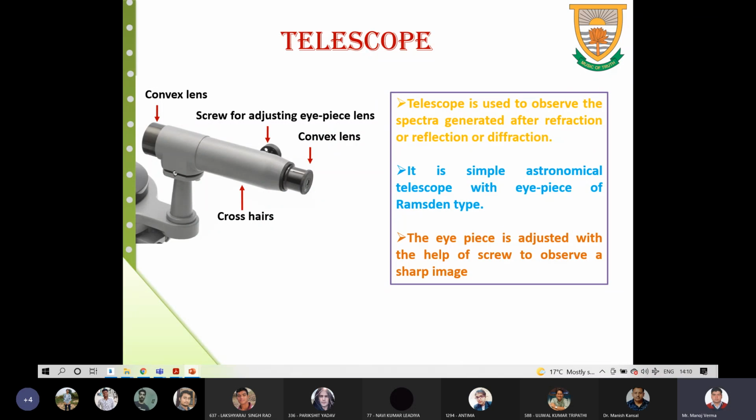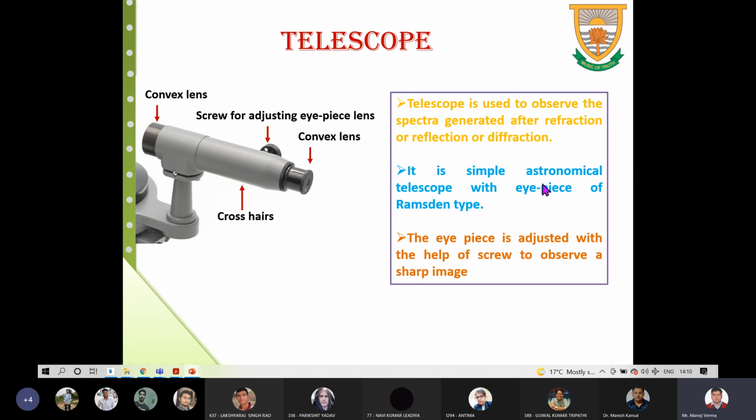So you can say the telescope is used to observe the spectra generated after refraction or reflection or diffraction. Anything can happen at the prism table, that is a different thing. But yes, the collimator will produce a parallel beam of rays. Something will change on the prism table, and you have to observe that change from the telescope.